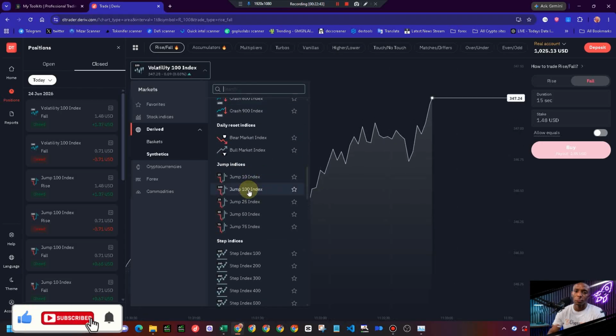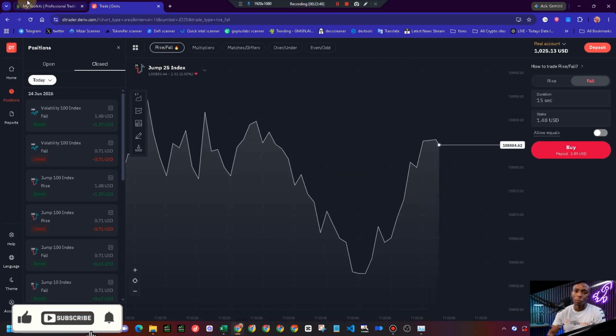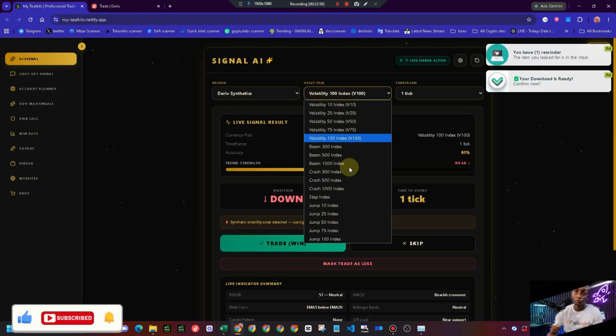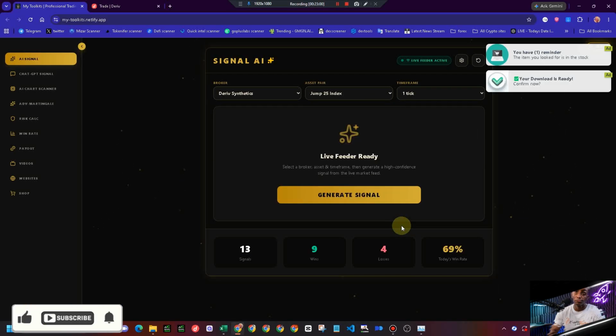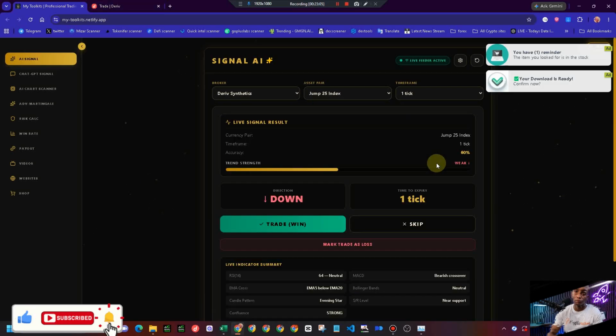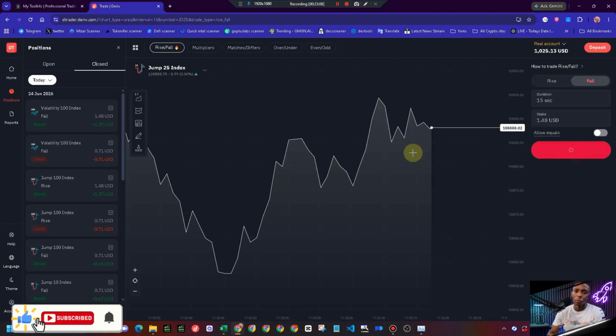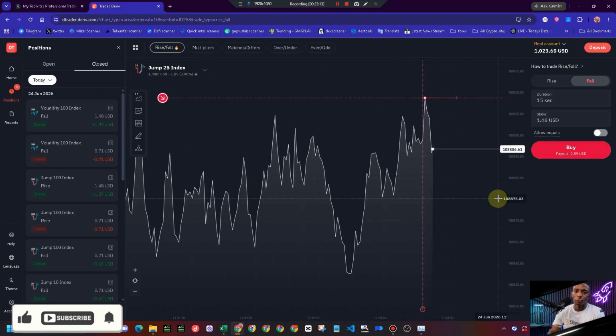Let's change to Jump 25. So we'll skip this one and generate for Jump 25. So down. So we'll enter down.